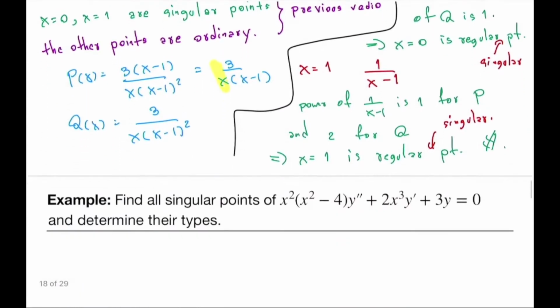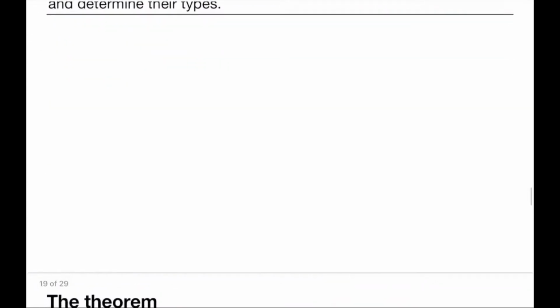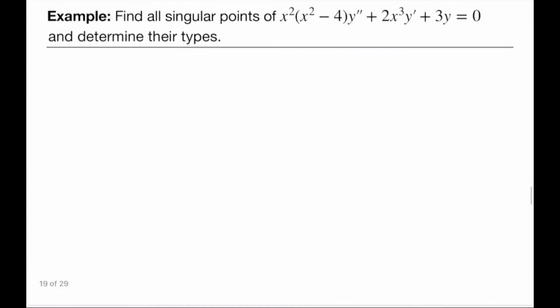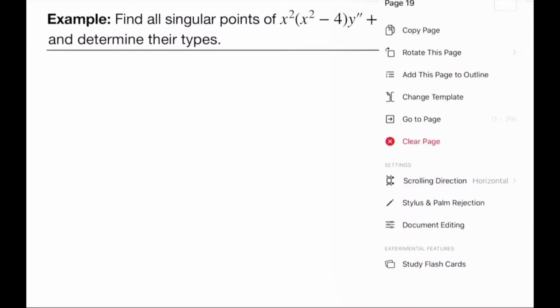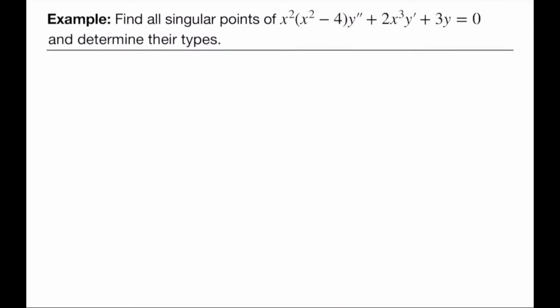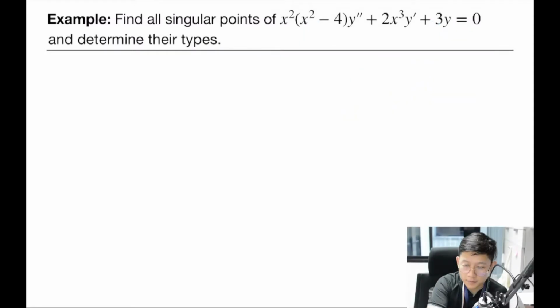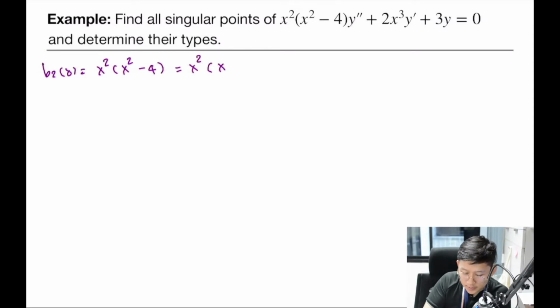Okay, so let's look at the next example, this one. As you can see, b2(x) is x squared minus 4, which is x squared, (x plus 2), and (x minus 2). Right?